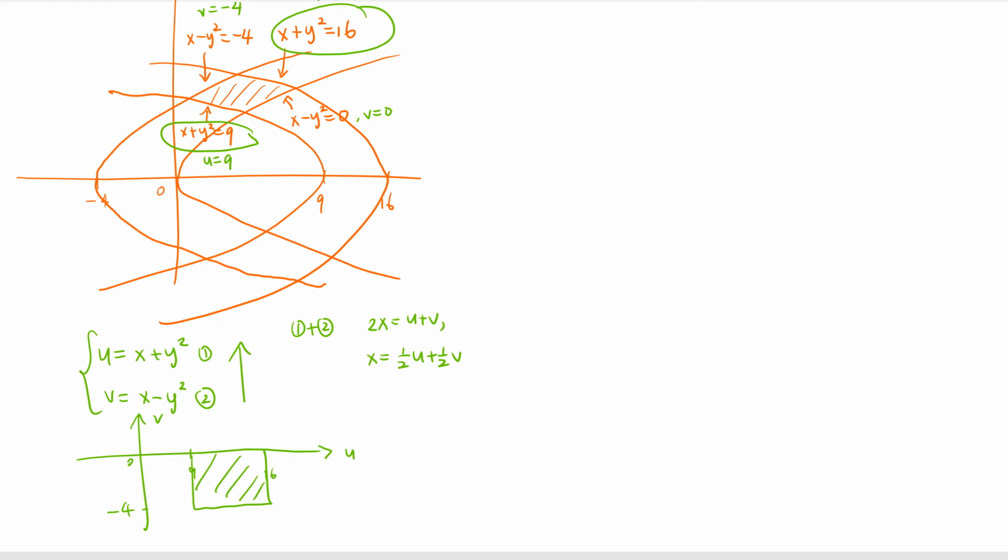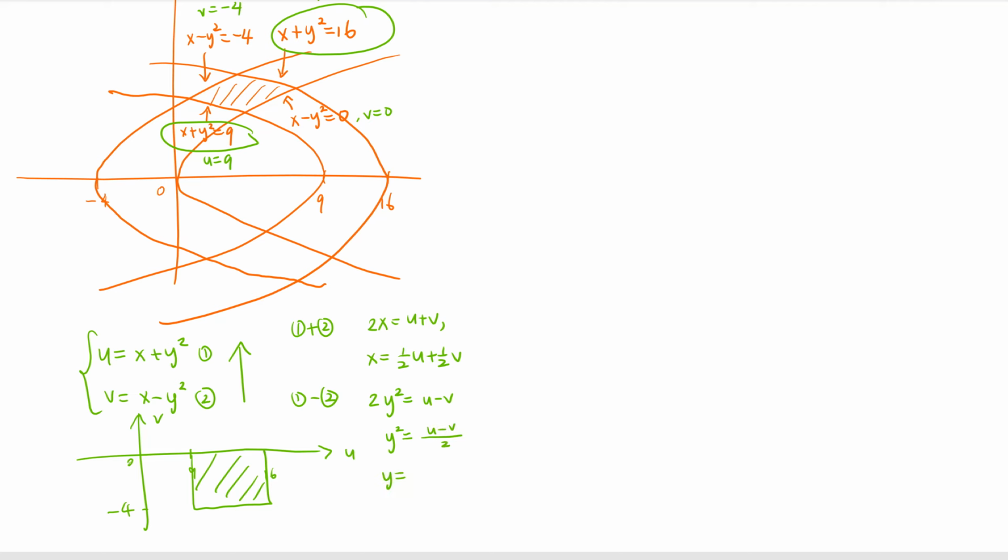And then how do we get the y? We can use equation 1 minus equation 2. Then we have 2y squared equals u minus v. Y squared equals u minus v over 2.